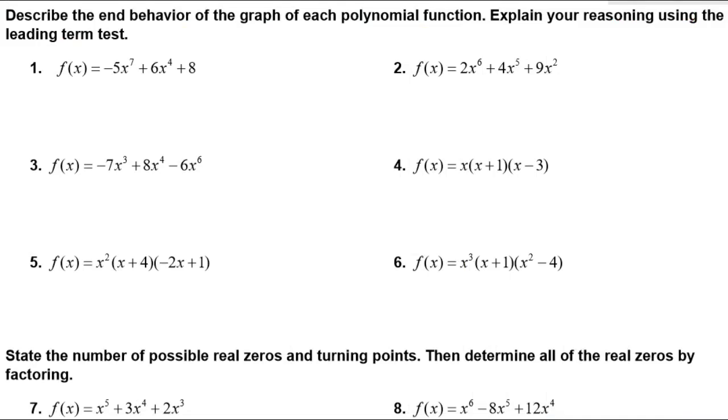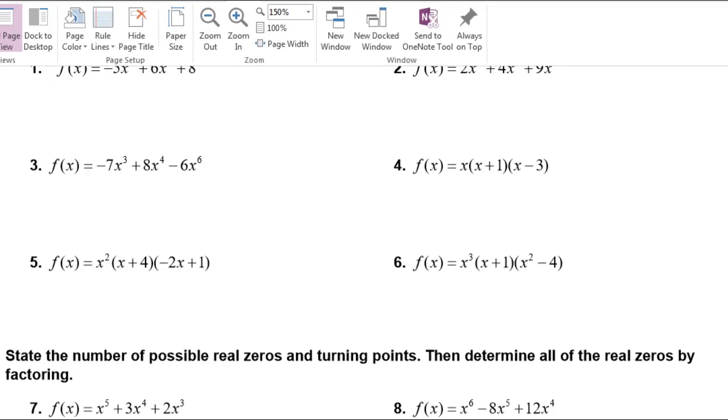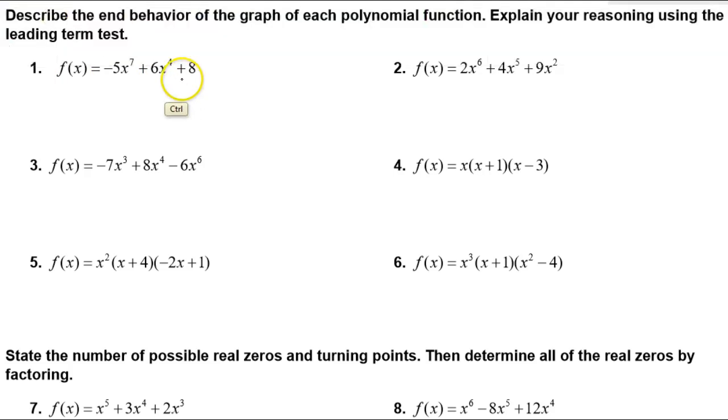So with that in mind, we can use something called the leading term test to know what the end behavior is going to be like. Looking at the leading term of this problem, because the degree is odd and the leading coefficient is negative, I know that the end behavior is going to be like this.